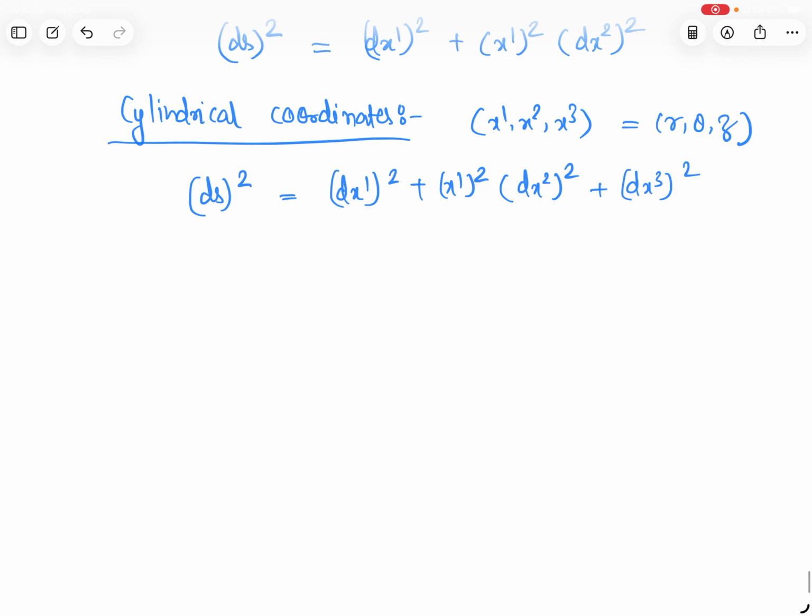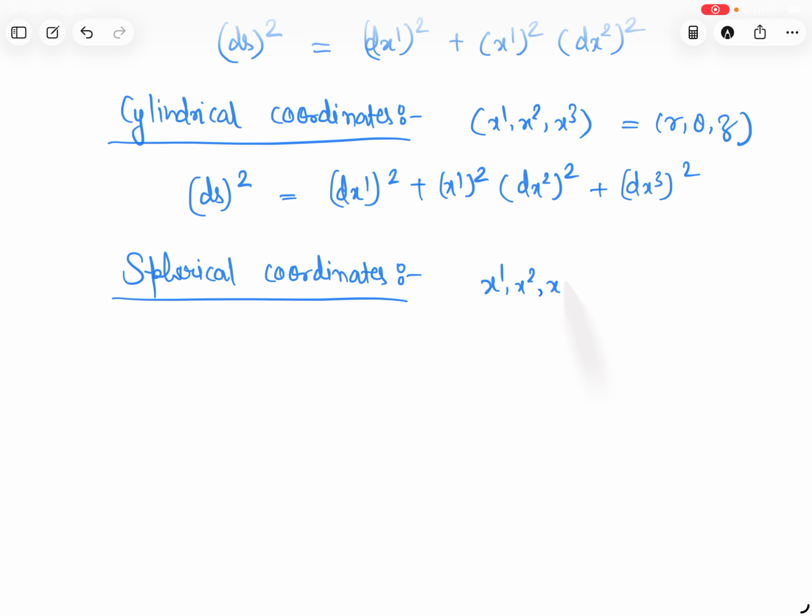What is ds in spherical coordinates? What is the spherical coordinate? x1, x2, x3 are rho, psi and theta.